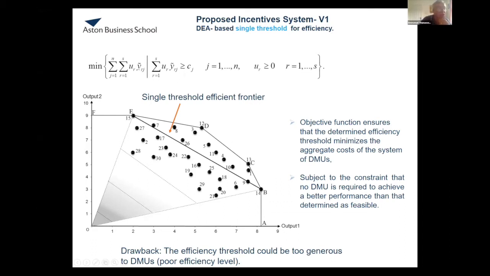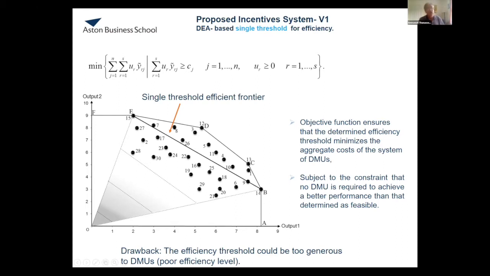a model that minimizes the aggregate cost all the companies would be permitted to incur in order to deliver their output levels. So the model is estimating, assuming all the companies have efficient output levels, what would be the cost per unit that you could permit the companies so that the aggregate cost across the system is minimized, but no company, J, is allowed a cost which is less than the cost it actually did incur with its efficient output levels.